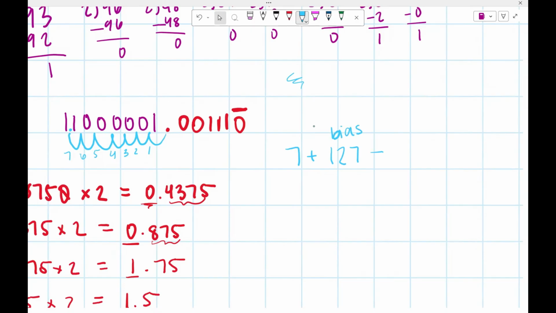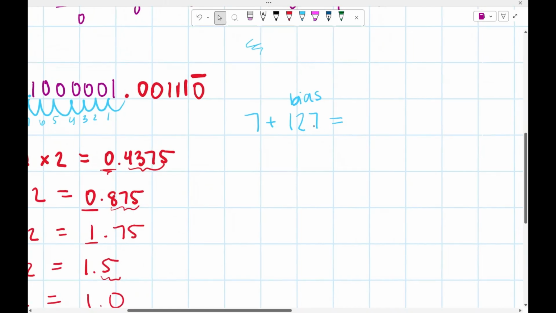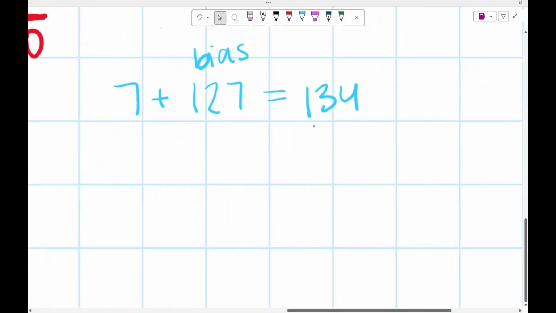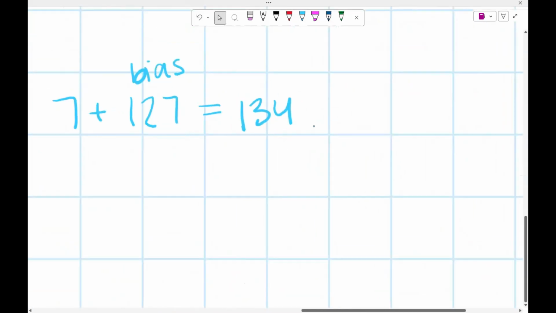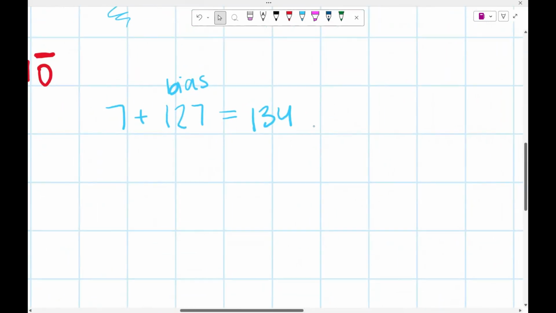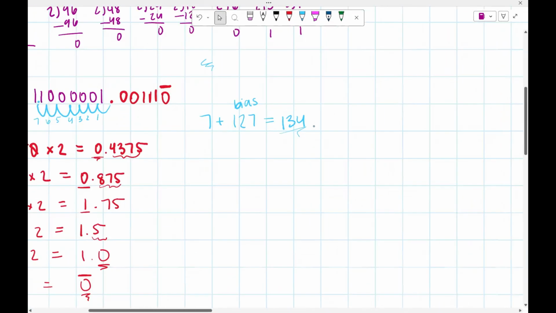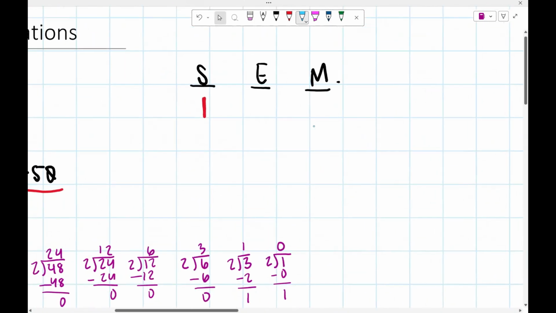Right, so 7 plus 127, the bias is going to be 134. And the bias is just referring to the range of numbers. Okay, so now we can get 134 and we can convert this to binary so that we can get our proper exponent that we can write down here.